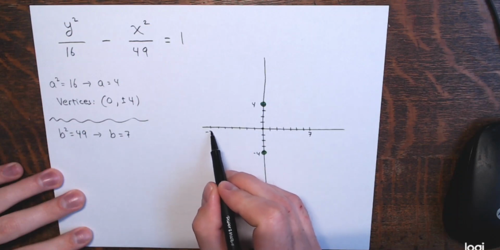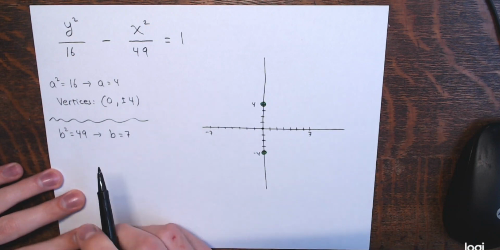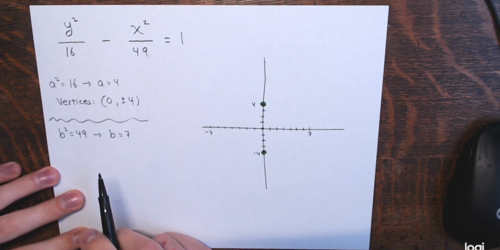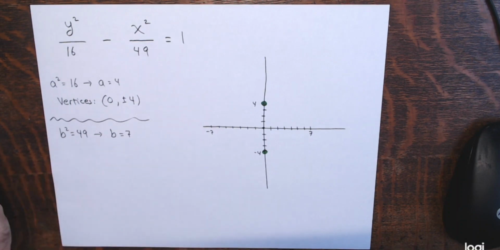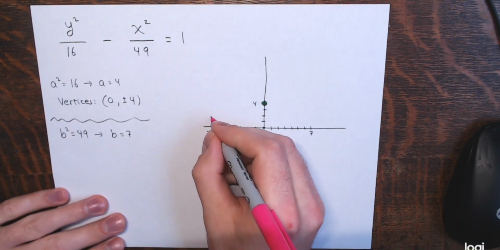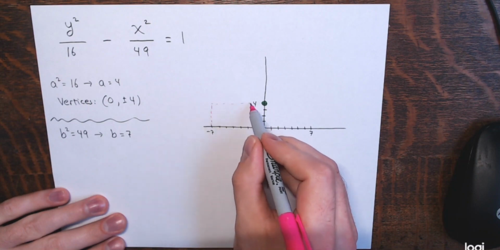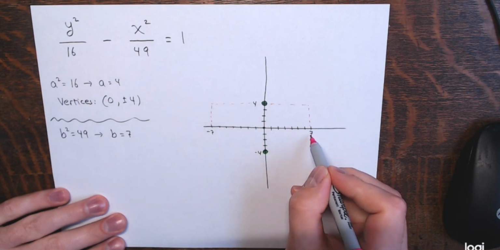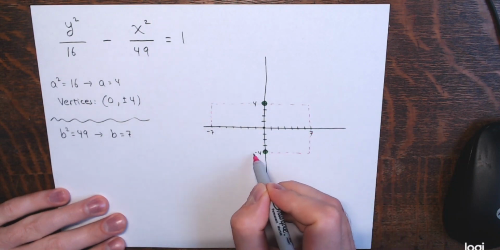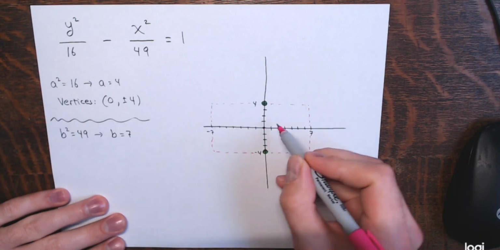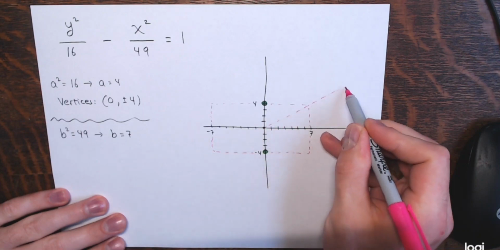Now again, I'm not putting points there because those aren't actually going to be solutions of the equation. Only the vertices are. But I will make that little dashed guiding box here. And then through the center and the corners of these boxes go the asymptotes.